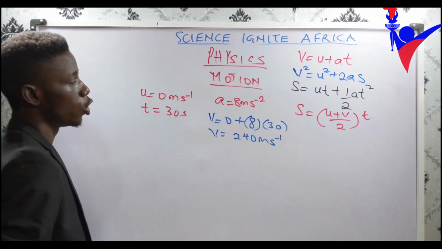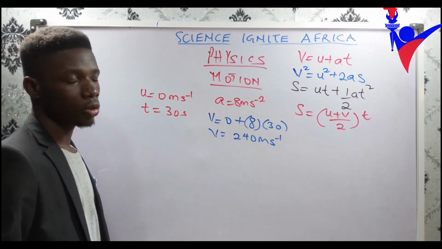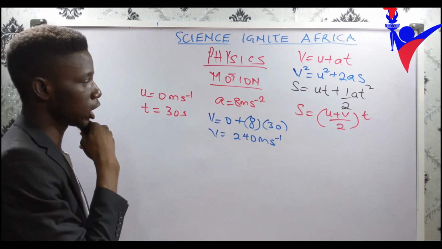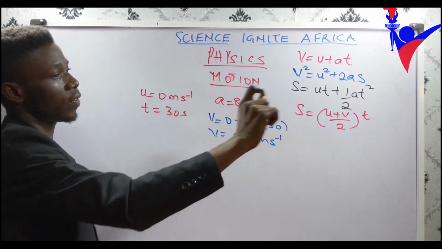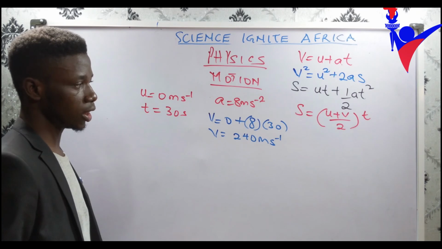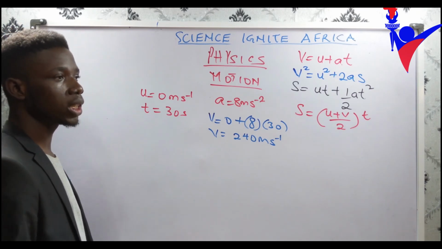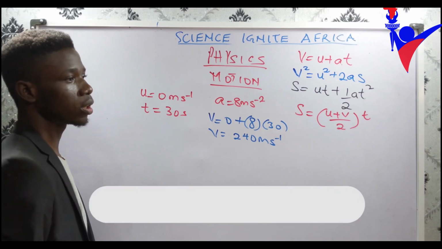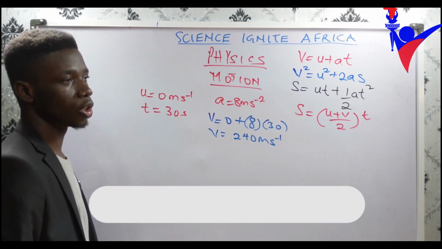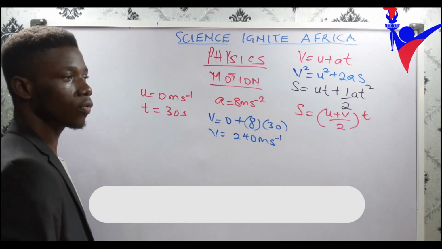Now, one thing I would like us to do is run through the question so that we know what exactly we are doing in this case. Most of the things I have done here are irrelevant as far as the question that we are being asked is concerned. Now, the question says a body at rest was given an initial uniform acceleration of 8 meters per second squared for 30 seconds, after which the acceleration was reduced to 5 meters per second squared for the next 20 seconds.